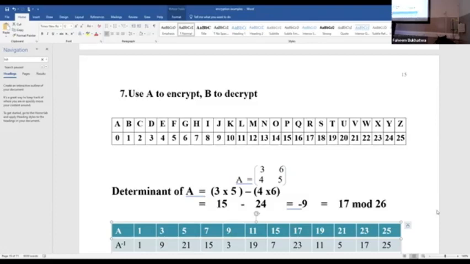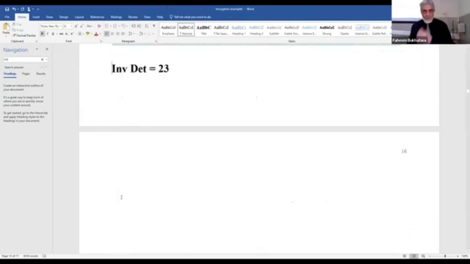There's only one number that if you multiply it by 17 modulo 26, the result is 1. So the inverse of 17 is 23.